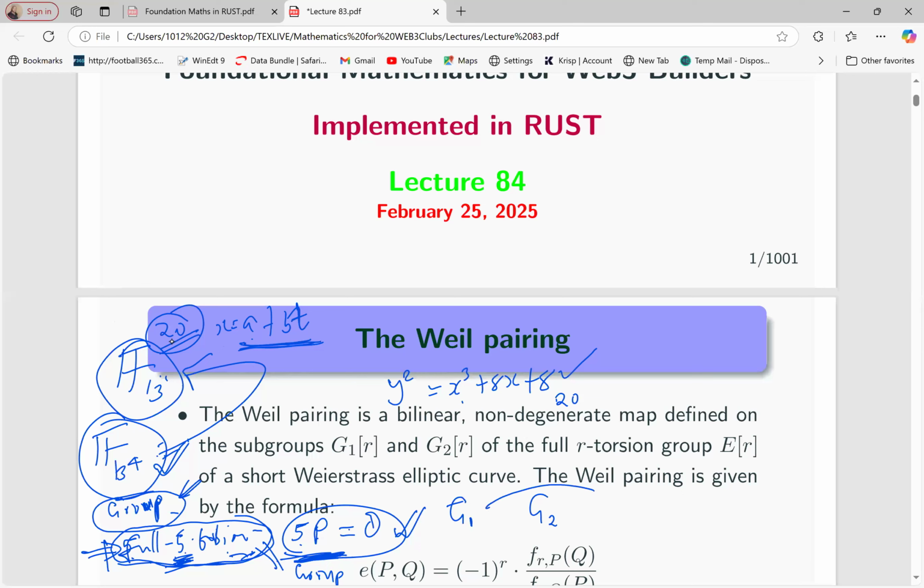And what is this G1? G1 is the 5 torsion group. Remember, this was the full 5 torsion group, and this is just the 5 torsion group.